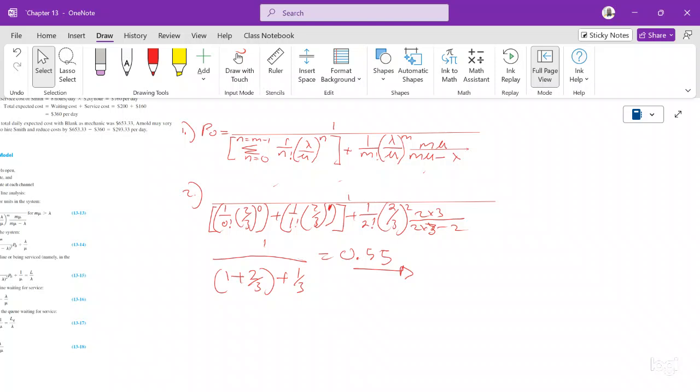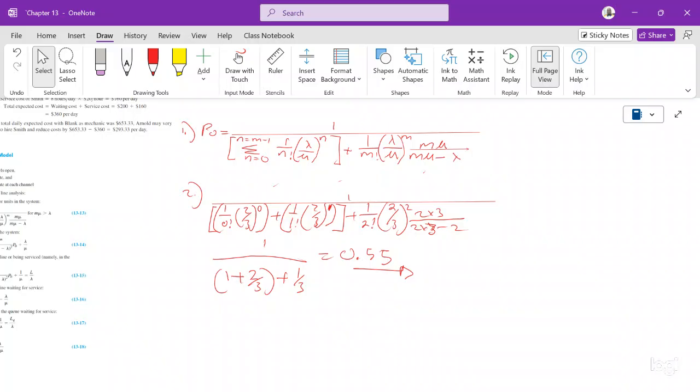So what could have gone wrong? 1 over 1 factorial, 2 over 3 to the power 1, 2 over 3.